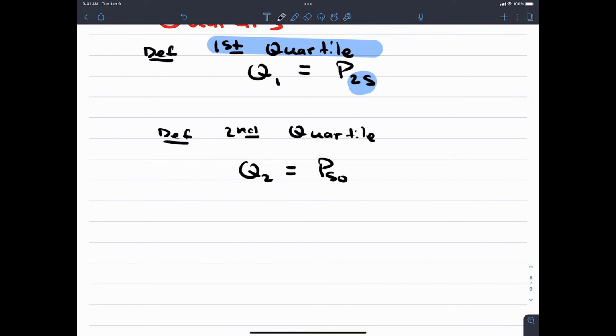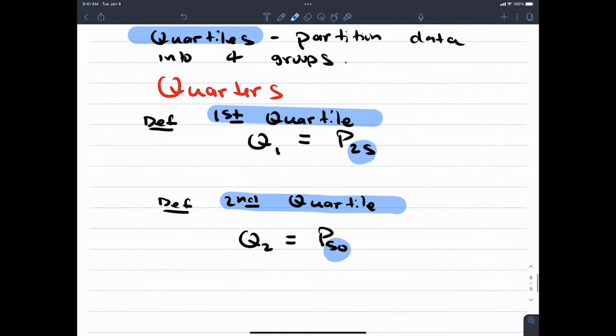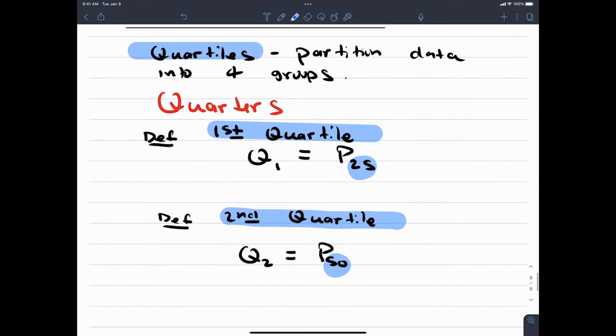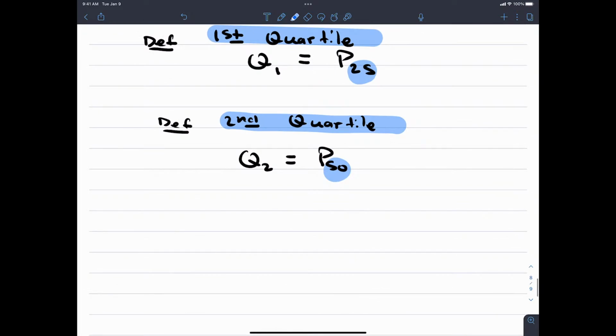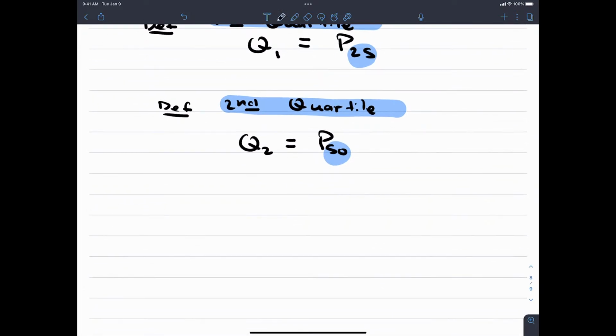So, ladies and gentlemen, this is the second quartile. It's the 50th what? Percentile. This is a definition. This is how you define it. Okay? You don't question definitions.